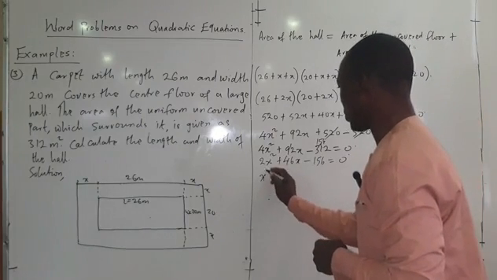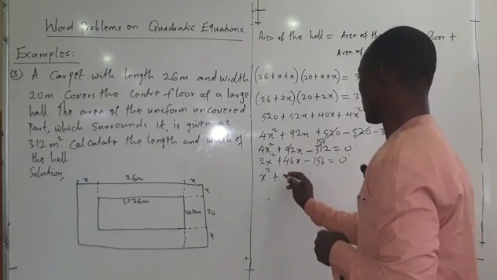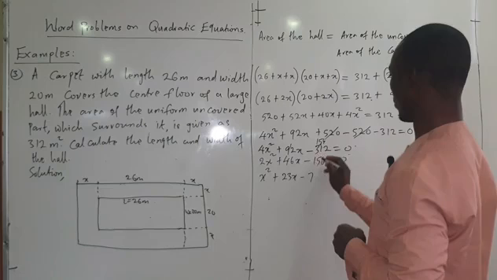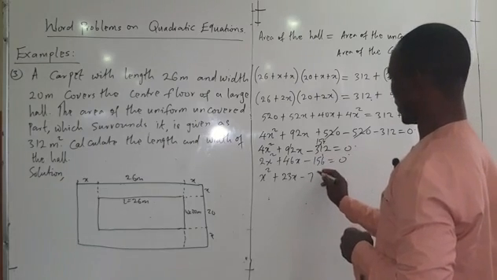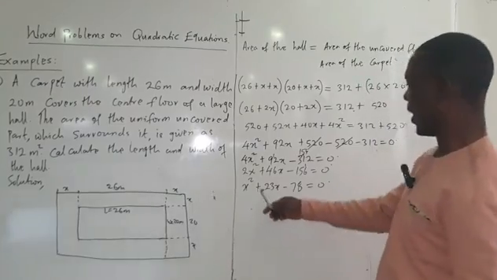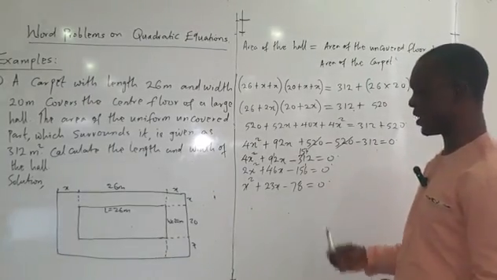We have x squared plus 23x minus 78 equals 0.